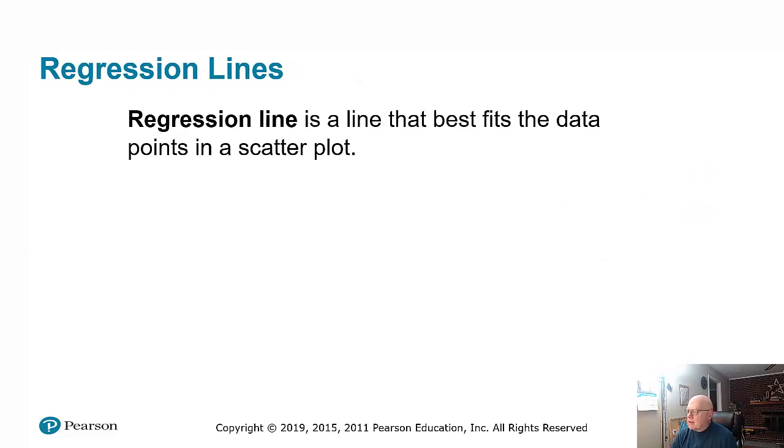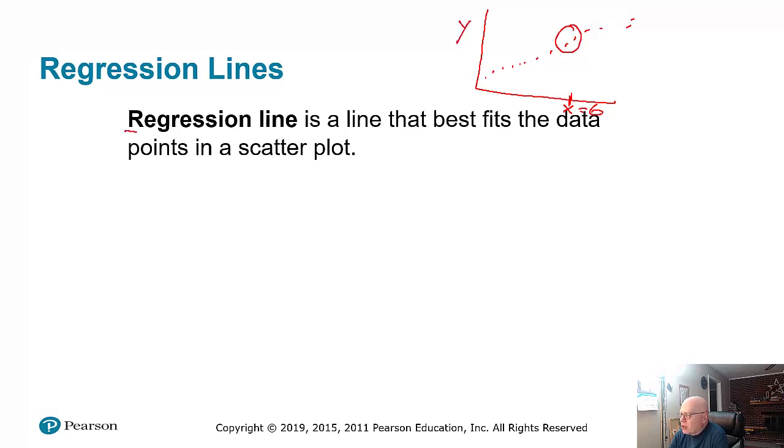Next, so you've got a picture from your scatter plot, and maybe it looks like that, and you'd like to make a prediction. You'd like to say, what if I have an x value here? Let's say the x value is a 6. What would I expect from the y value over here?